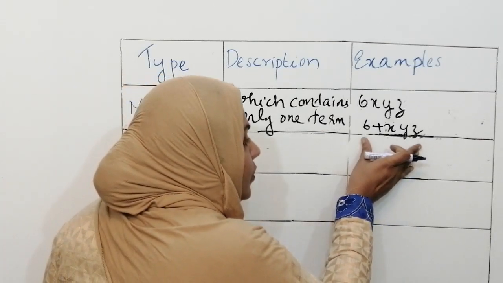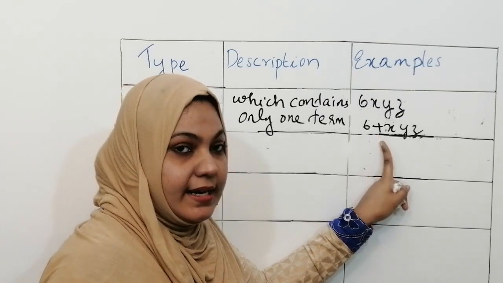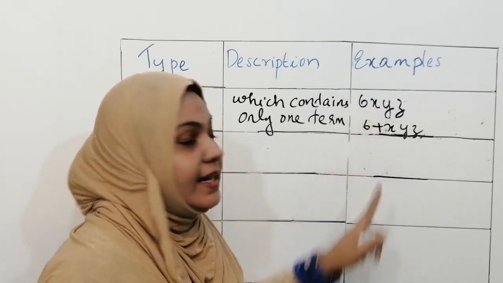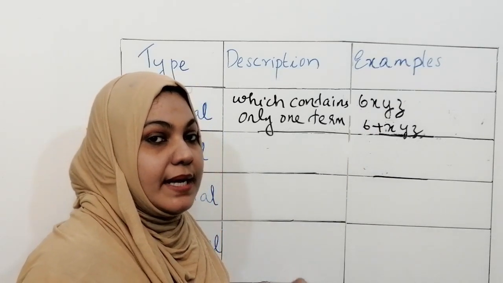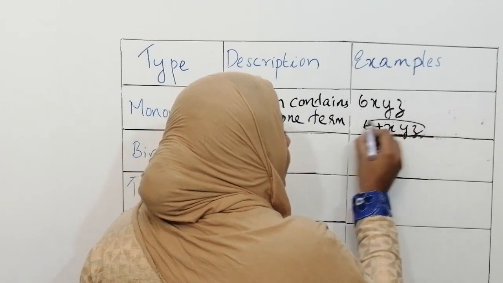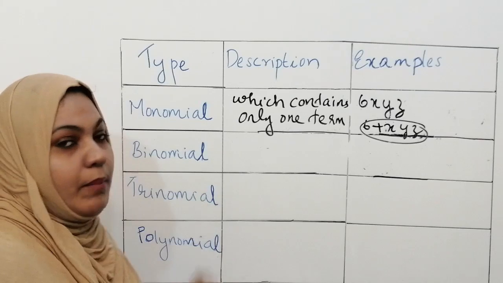That means it has two terms, so 6 plus xyz is not a monomial. But 6xyz is a monomial because it comprises only one term. Two terms means it is included in the category of binomial.